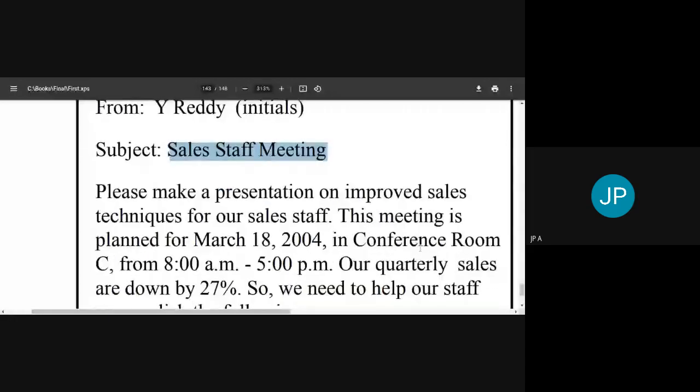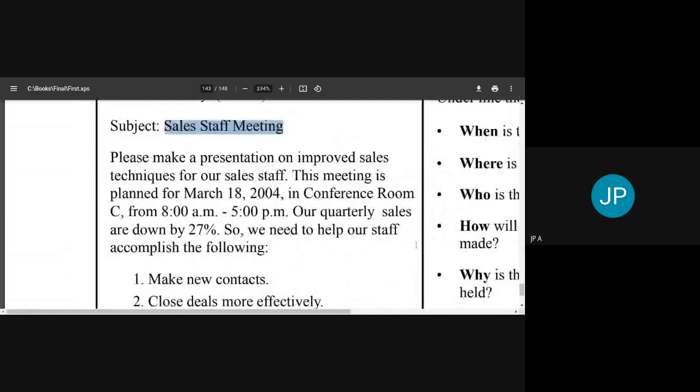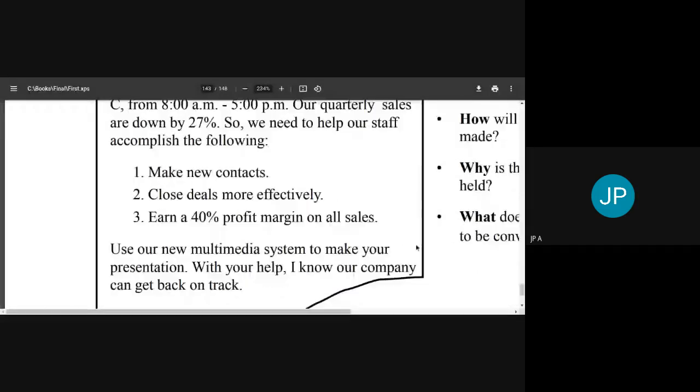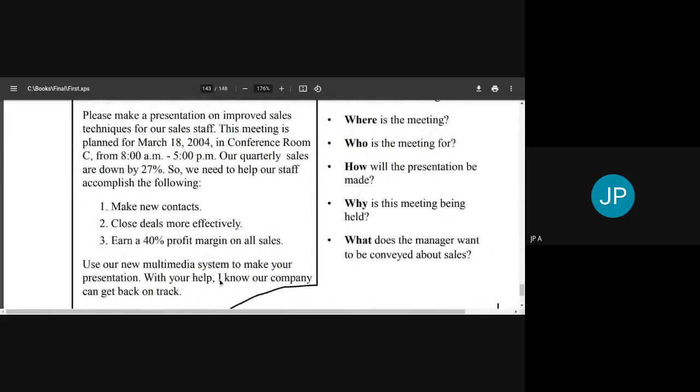Here we don't have a very detailed introduction, body and conclusion. So the idea is to convey the information as briefly as possible.